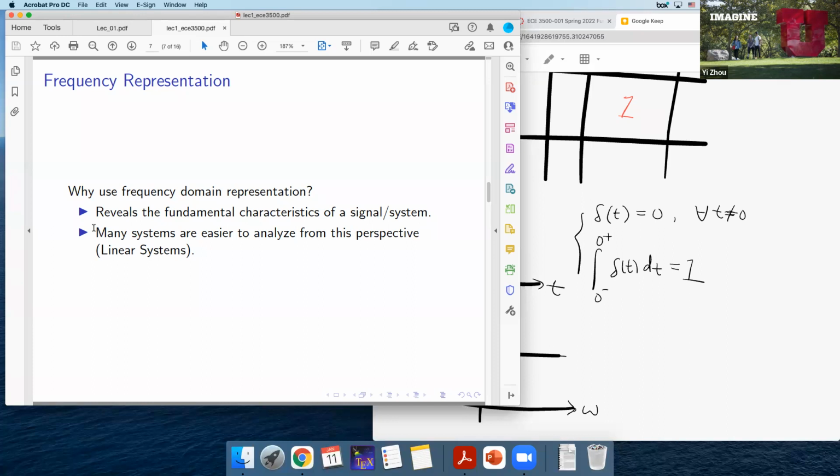That's why the Fourier transform is very efficient for describing these signals. By taking the Fourier domain representation, we can reveal the fundamental characteristics of a signal system. And many systems, in particular linear systems, are much easier to analyze from this frequency perspective. So instead of looking at very complicated signals in the time domain, it is very efficient to analyze them in the frequency domain.